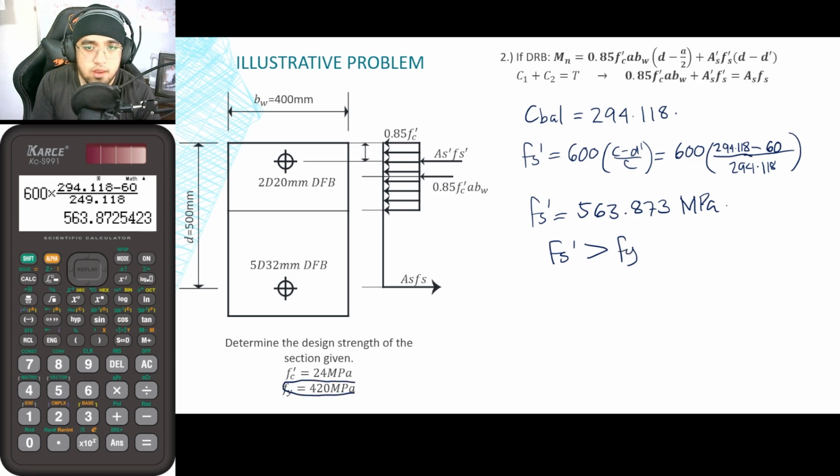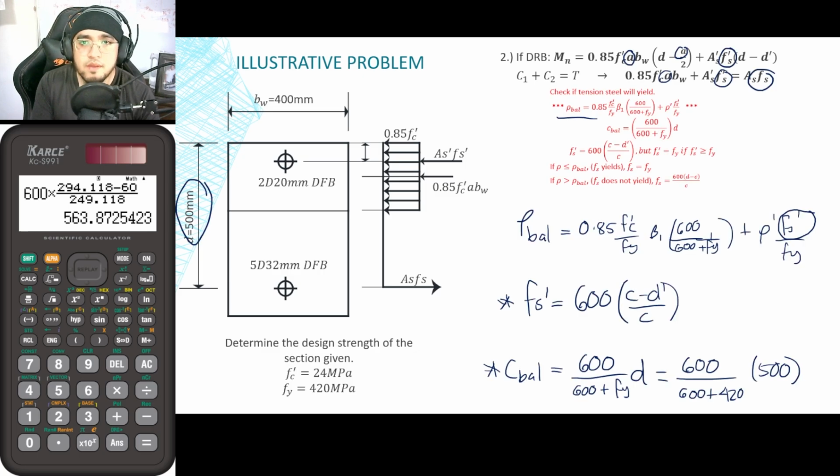If we now compare, since Fs prime is greater than Fy, and our Fy is 420, it means that Fs prime must be equal to Fy, since this is the maximum stress that our Fs prime can handle effectively. Since Fs prime is now equal to Fy, for our rho balanced I would just make use of this equation and substitute all known values.